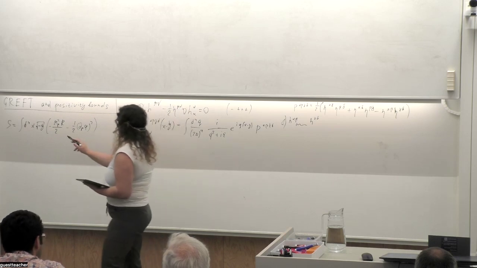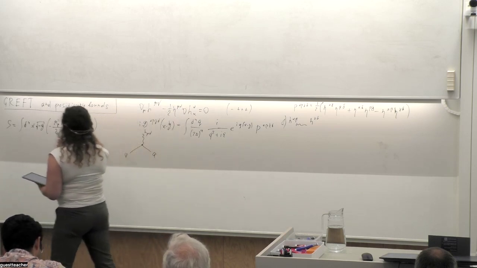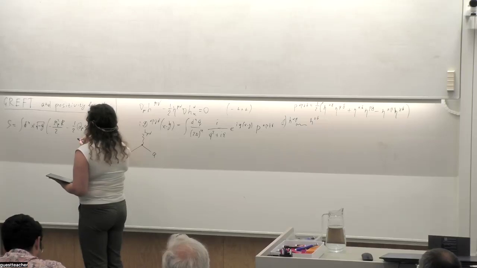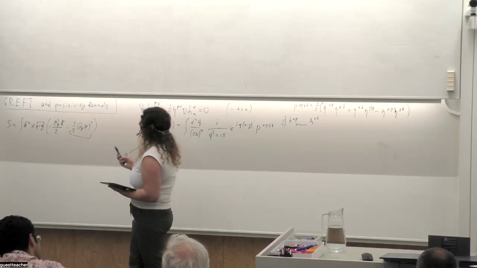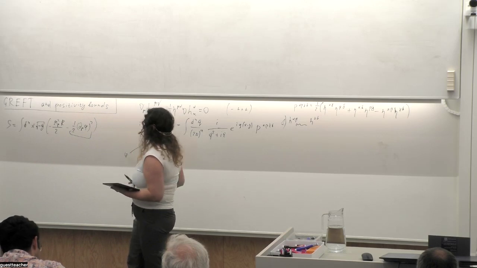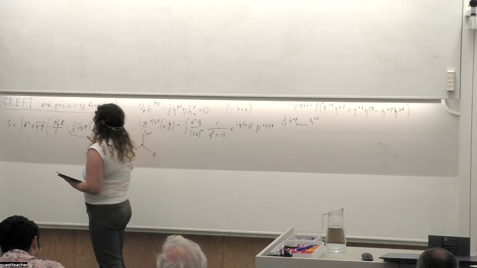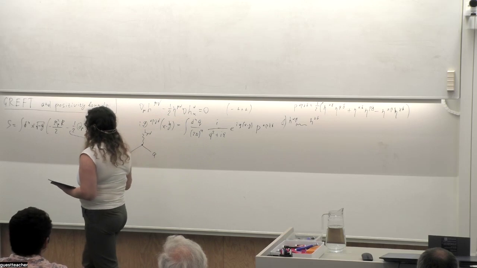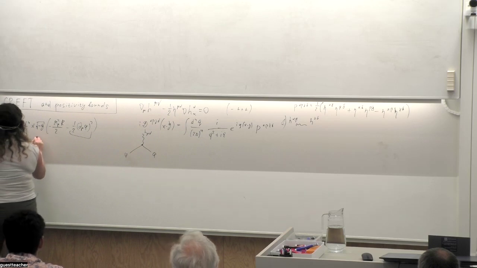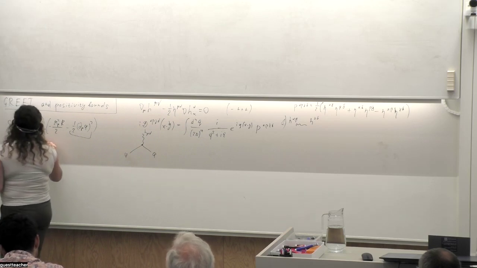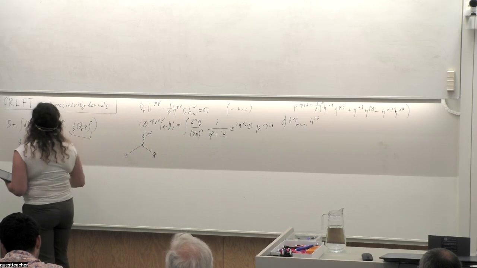How can I find it from the Lagrangian? Since this vertex will come from the kinetic term of the scalar field, I need just to take a variation with respect to the metric of this scalar field term. Apparently, it can be written in the form δS equals integral d⁴x √−g.